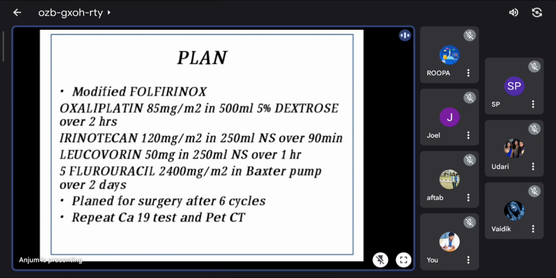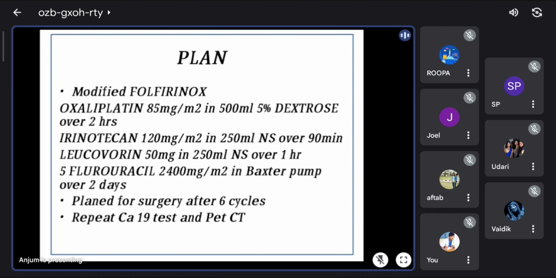These elastomeric pumps are available only in two brands. One is the Baxter pump and another is Dosifusor. The Baxter pump runs for 48 hours, whereas Dosifusor runs for 1 day.